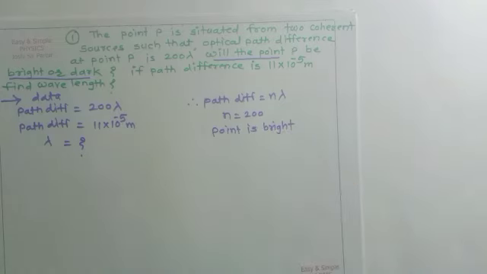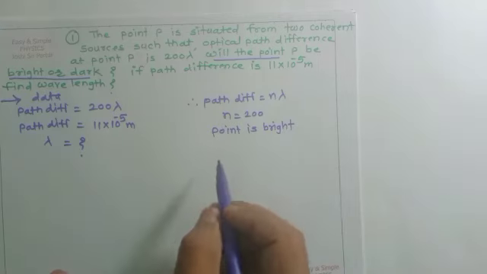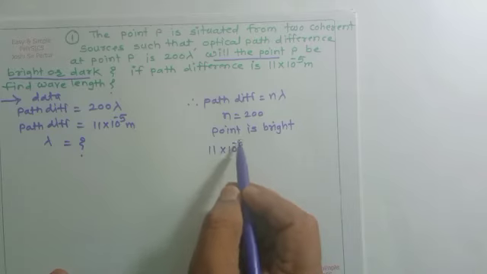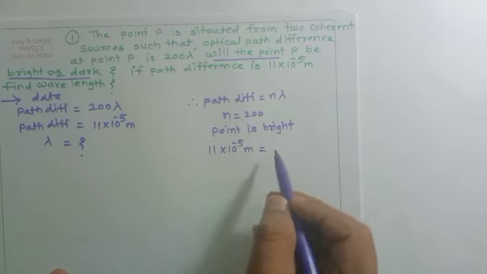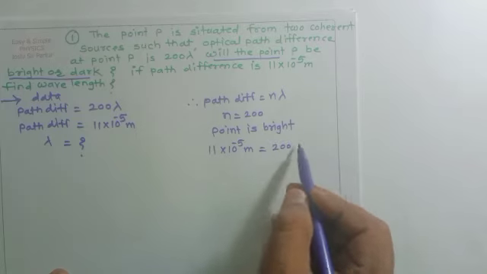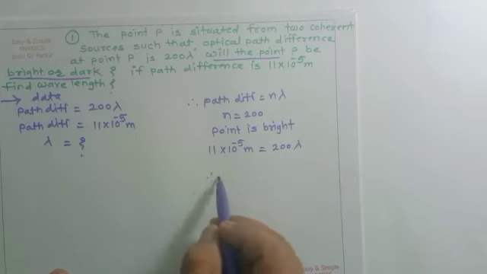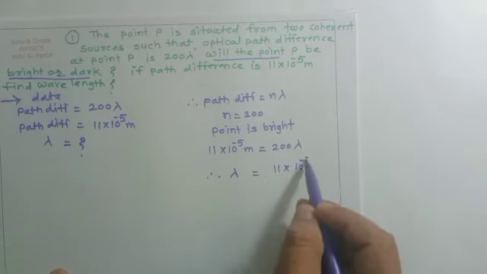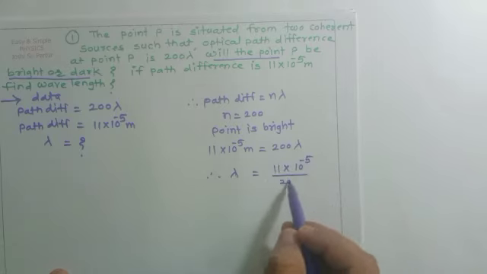And if path difference is 11 into 10 raised to minus 5 meter, equal to 200 lambda, so lambda is equal to 11 multiplied by 10 raised to minus 5 upon 200.